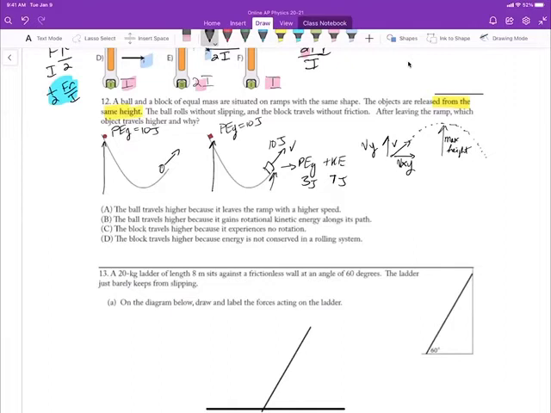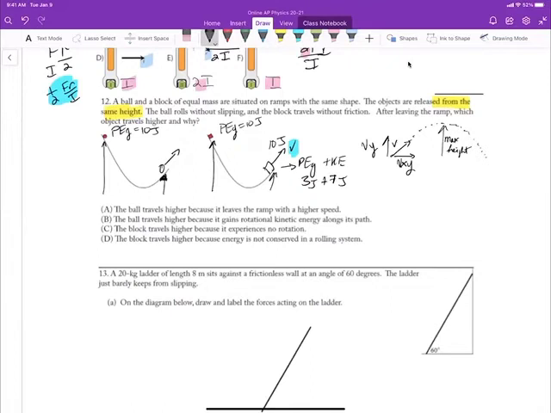So that kinetic energy is associated with that velocity, that linear velocity that it has at that angle as it takes off. All right, and we're just assuming that 10 was split up between 7 and 3. Now the ball rolled without slipping. That means that it does have static friction, because static friction is what causes the ball to roll.